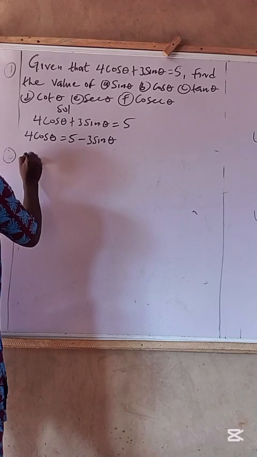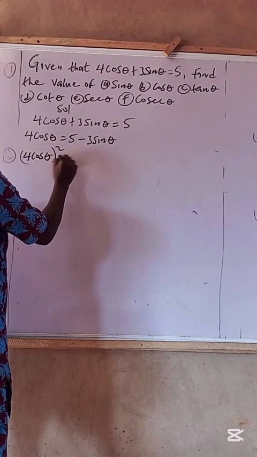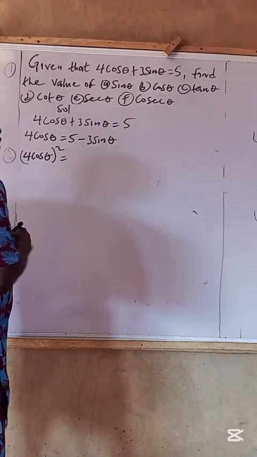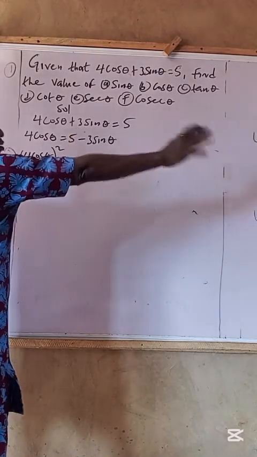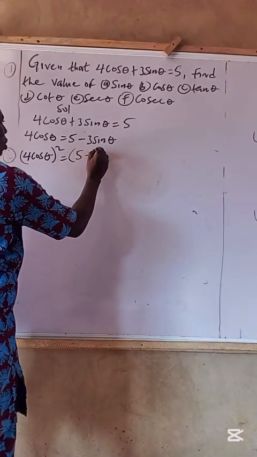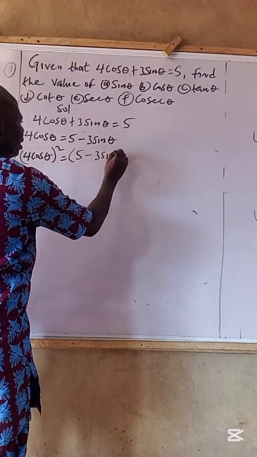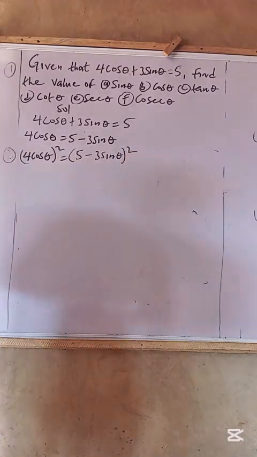Now we have 4 cos theta squared. Don't make the mistake of squaring each term separately, no, they are both sides. This side will be 5 minus 3 sin theta all squared, not that you square it individually.